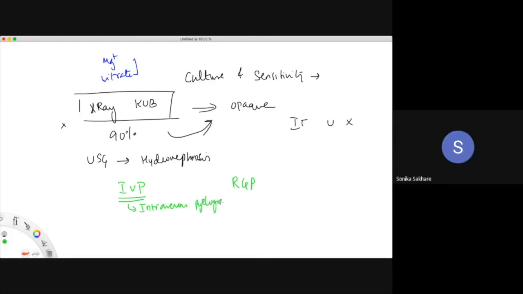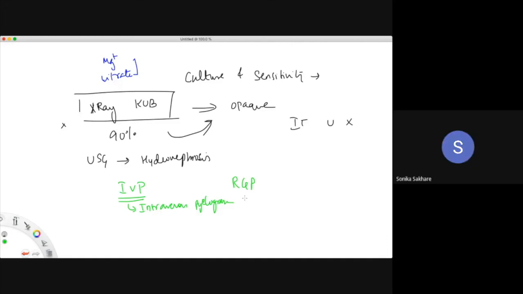What you do is put an IV line and give the contrast intravenously, and that contrast will be excreted by the kidney. It's going to concentrate in the kidney, and as the contrast gets eliminated, you're going to take serial images. One at 0 seconds, then at 1 minute, then 5 minutes. It's like that.